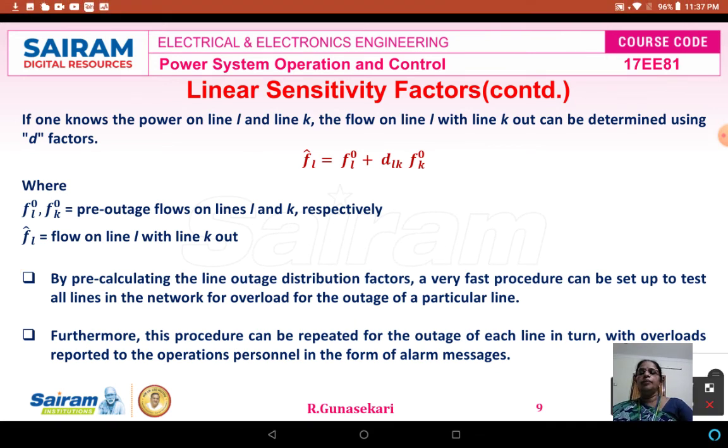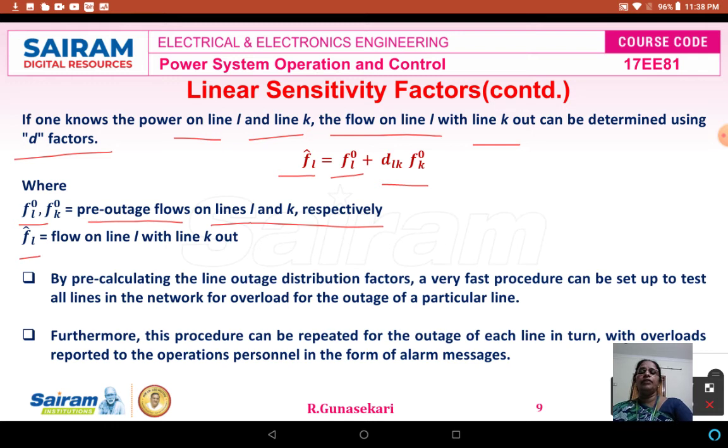Now you see the power on line L and line K. The flow on line L with line K out is determined by using D factors. That is, F_L vector equals F_L naught plus D_LK into F naught K. In this formula, F_L naught and F_K naught are the pre-outage flows, that means before the outage, on lines L and K respectively.